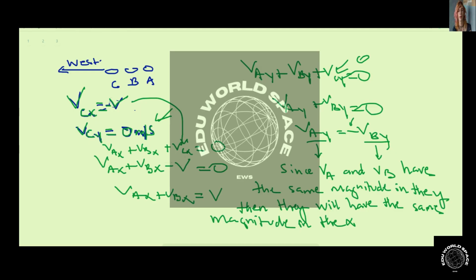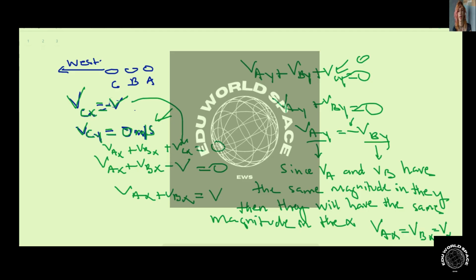The direction is different. That's the vector part, but the magnitude part is the same. So that simply means that Vax has to equal Vbx, and that's equal to the component of the velocity Vx.